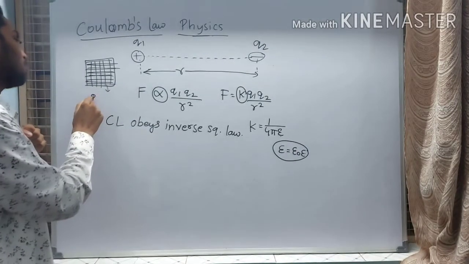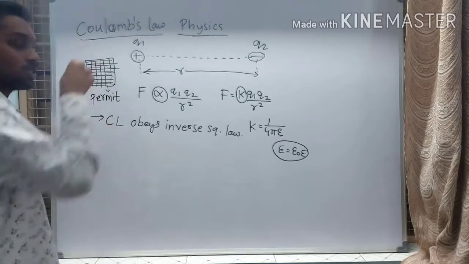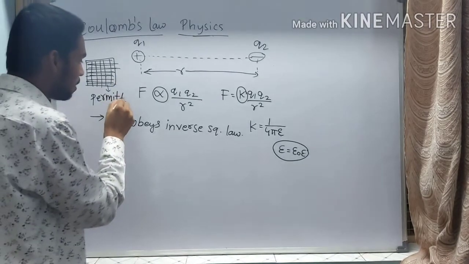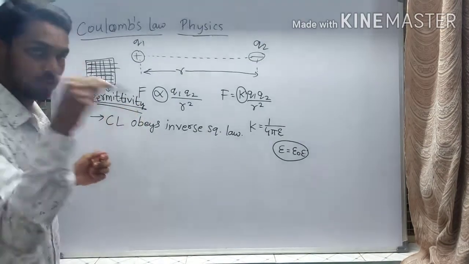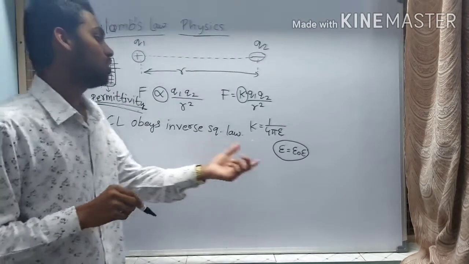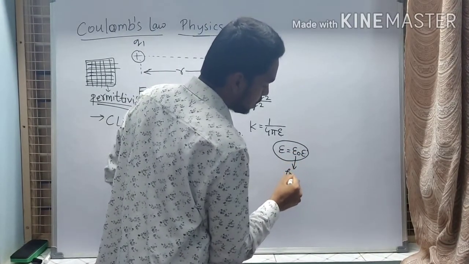So that is going to be the permittivity. So I am going to permit the substance to pass through it. That is called permittivity. Permitting something to pass through it. It is called permittivity. Here epsilon is equal to epsilon naught into epsilon r.